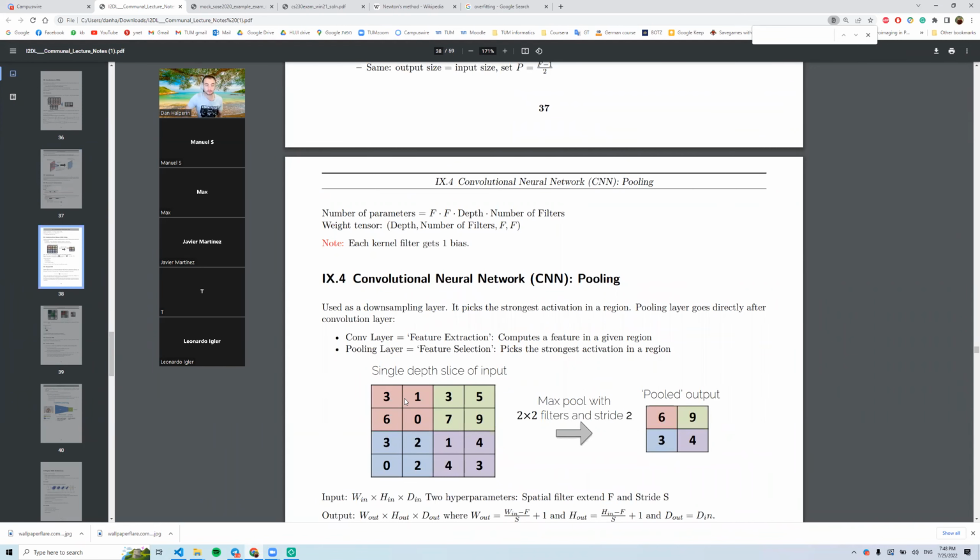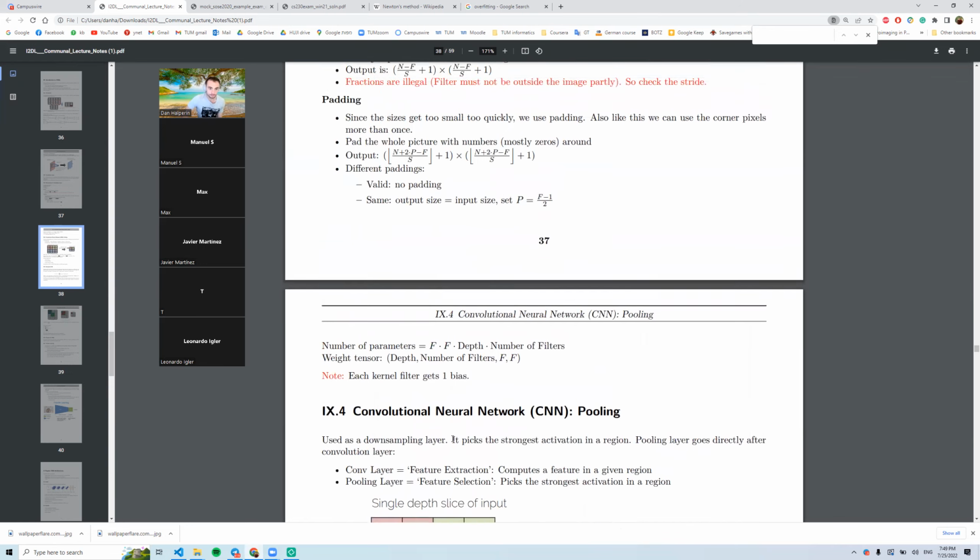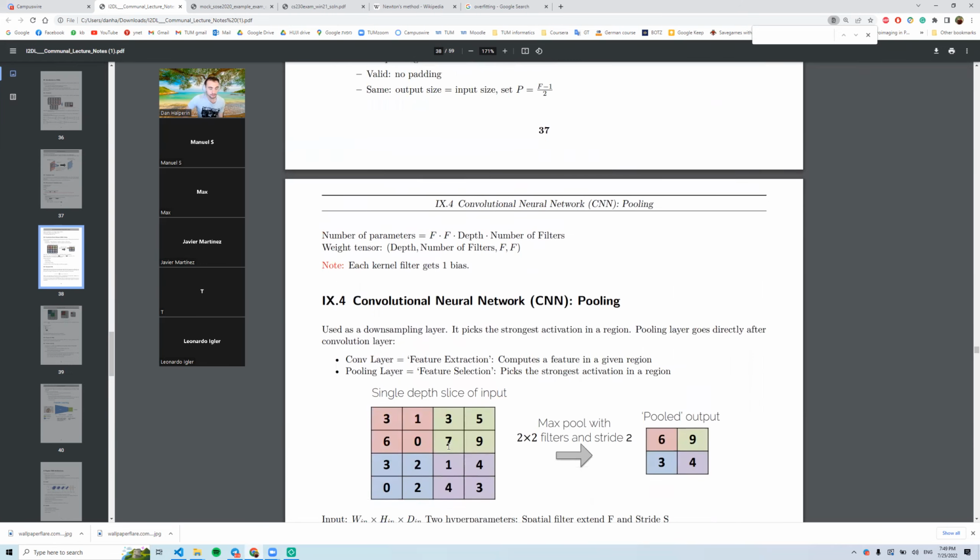Important: remember that the derivative of max pool, at least, is going to be 1 for the most activated one and 0 for all the others. Of course, if some share the same value, they're going to get the same derivative. So if you had two 6s here, they're going to have the same derivative, which is 1.